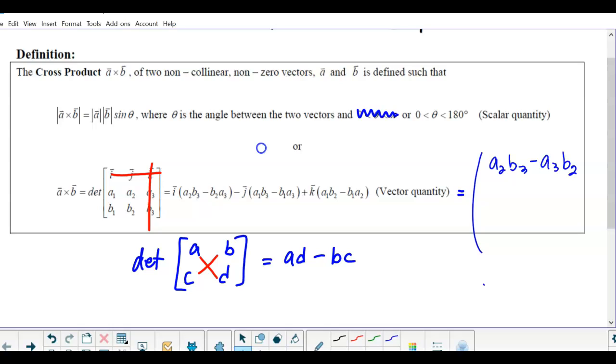I'm just going to put the A's first. And then the next one will be opposite, A1B3 minus A3B1. And then the last one, A1B2 minus A2B1. That's what you'll see in your formula booklet.